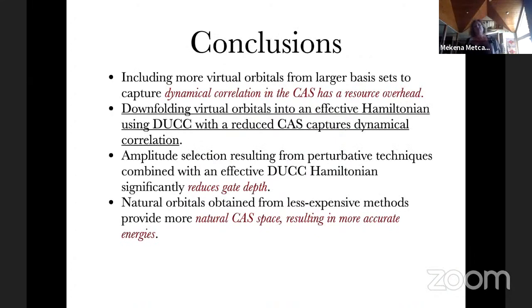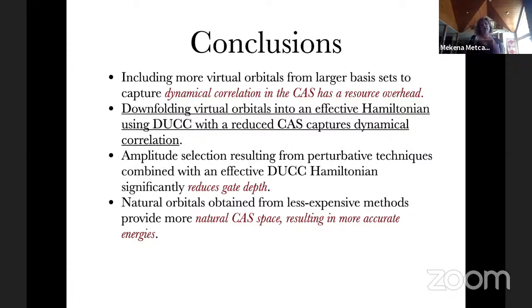So I will conclude after this. We talked about how having more virtual orbitals from larger basis sets to capture dynamical correlation in the active space has a big resource overhead. But downfolding virtual orbitals into an effective Hamiltonian using the double unitary coupled cluster Ansatz in a reduced complete active space captures this dynamical correlation.